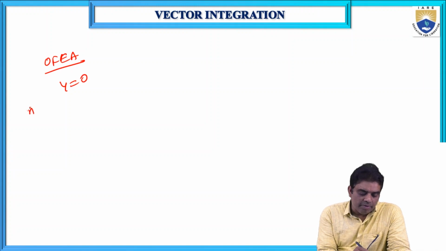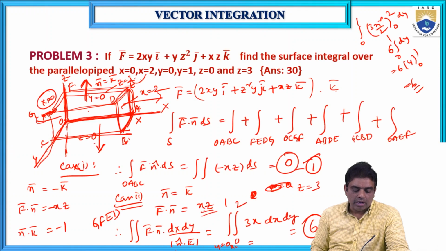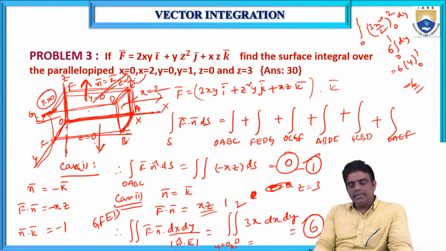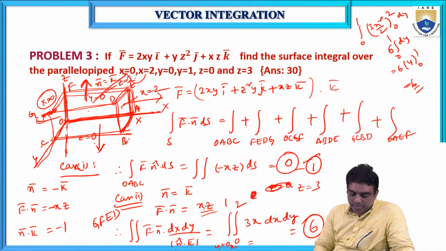The outward normal vector n bar is equal to minus j bar, because the outward normal for this surface is on the negative side. So n bar is equal to minus j bar, and f bar dot n bar is minus yz square.